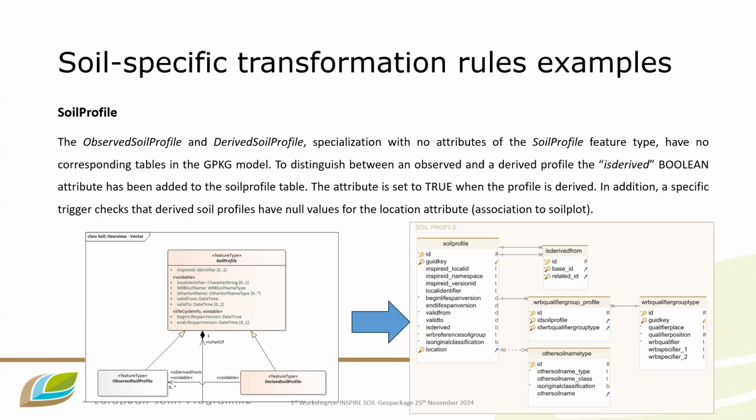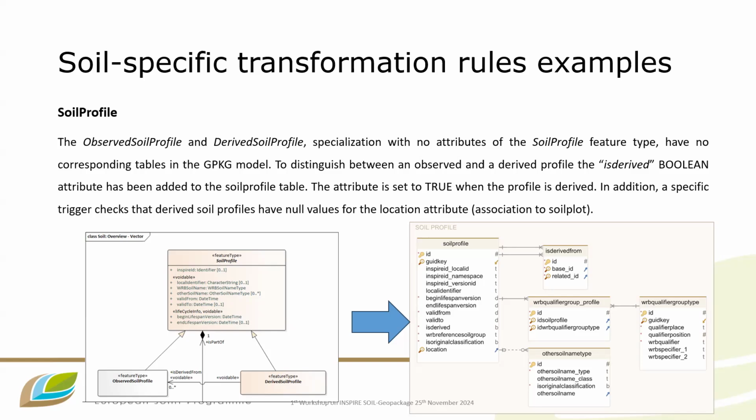On the left, you see the original INSPIRE UML with the soil profile class, and two feature types that are derived from it, the observed soil profile and the derived soil profile. And these two classes, observed and derived, have no attributes. You can see this, they are empty.